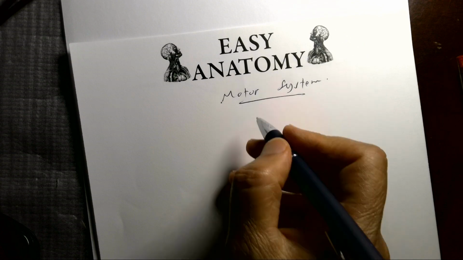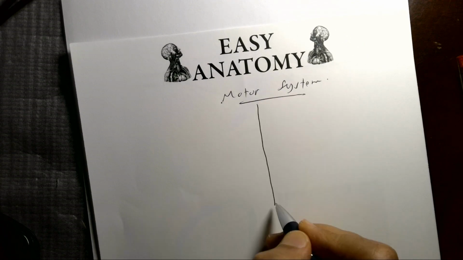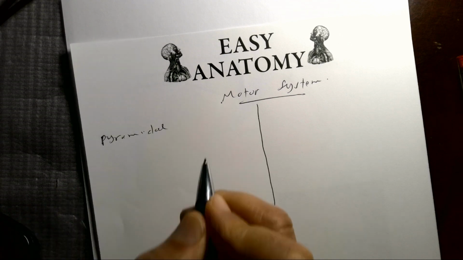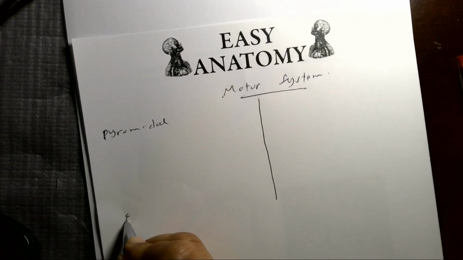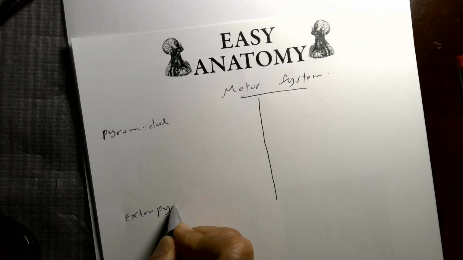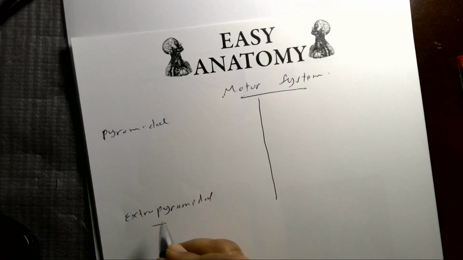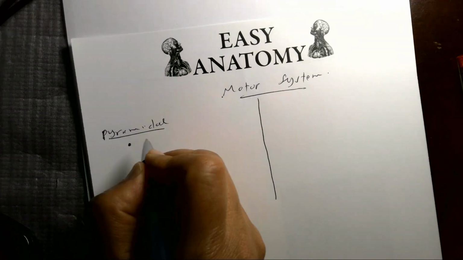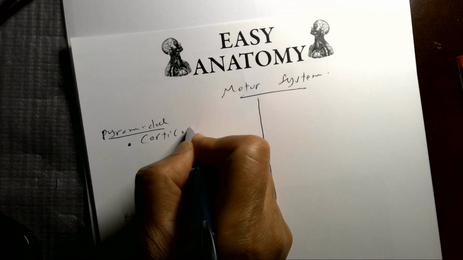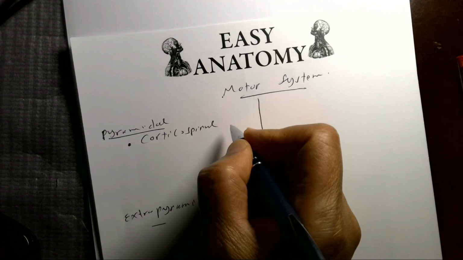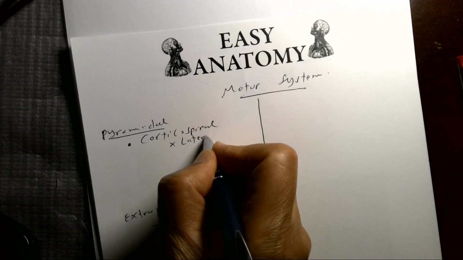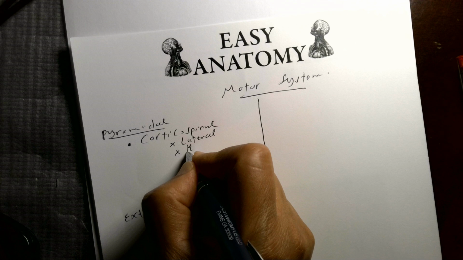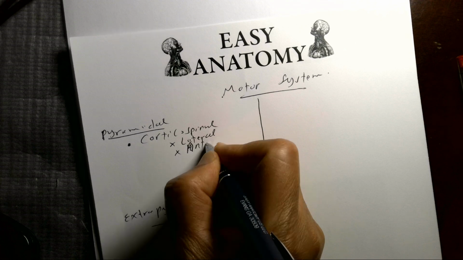The first classification is the pyramidal and the extrapyramidal. The pyramidal includes the lateral corticospinal tract, whether lateral or medial, or the anterior corticospinal tract.